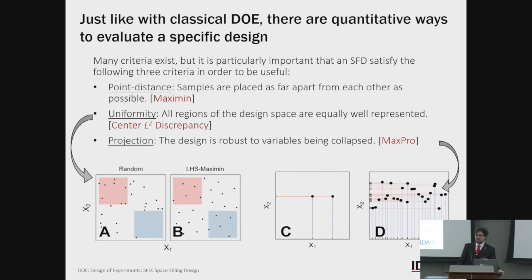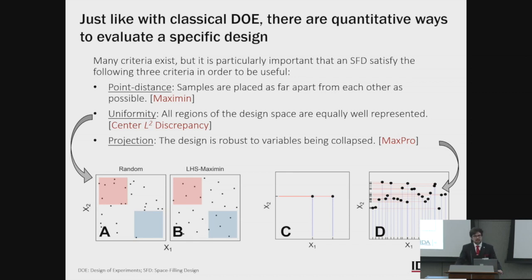Another idea of being space filling is uniformity, which means that all regions of the design space are equally well represented. So as an example, figure A is not a very space filling design, where we just randomly select points throughout the entire space, because there's one region in this design space, the red region, that is overrepresented, and another region, the blue region, which barely gets any points at all.